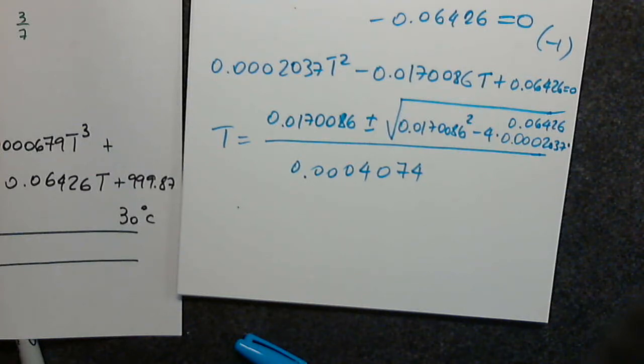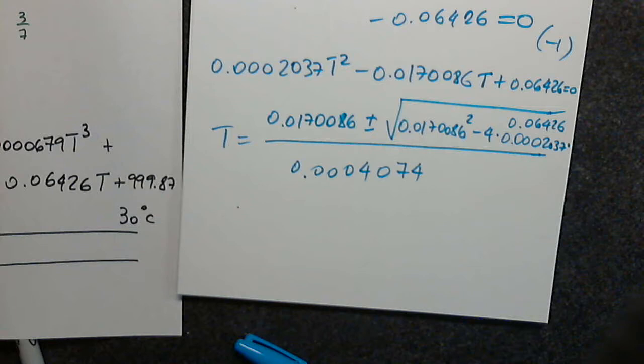Left parenthesis, 0.0170086 plus the square root, parentheses, 0.0170086 squared minus 4 times 0.0002037 times 0.06426.